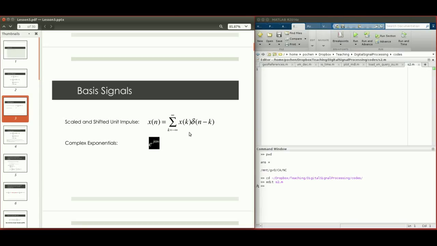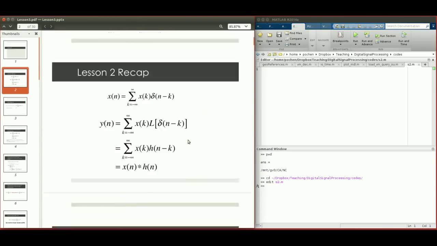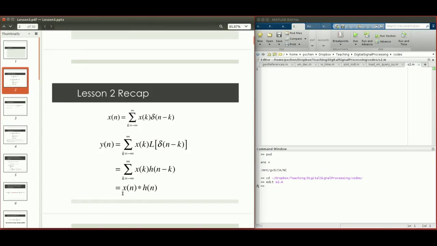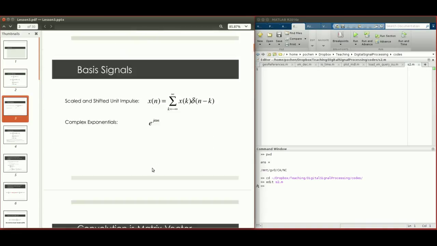The benefit of using a delta sequence or shifted impulse sequence as a basis signal is kind of obvious, because of this convolution. It gives you a way of representing not just the input signal but also computing the output signal by using this convolution operation. So what's the benefit of using complex exponentials as the basis signal?